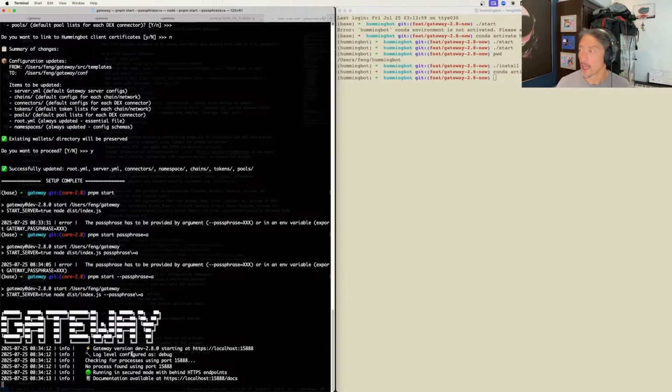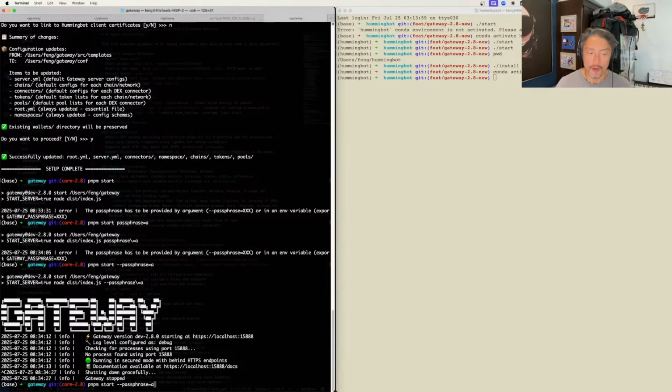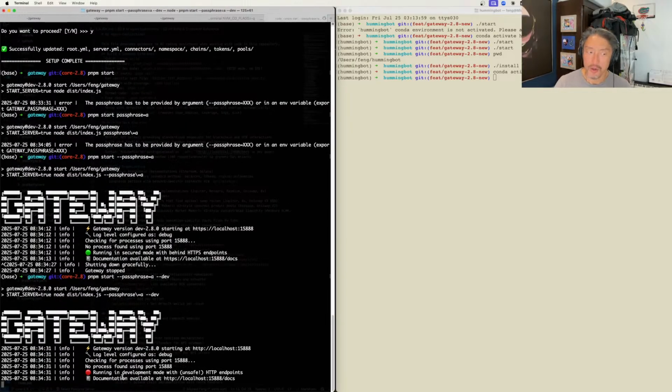This will start behind HTTPS, and you have to have certificates generated with this passphrase in order to access these endpoints. However, if you're just testing out, you can run the dev flag. You can see this red circle as opposed to green. This will run Gateway unencrypted, so you can just access the endpoints directly on this port.